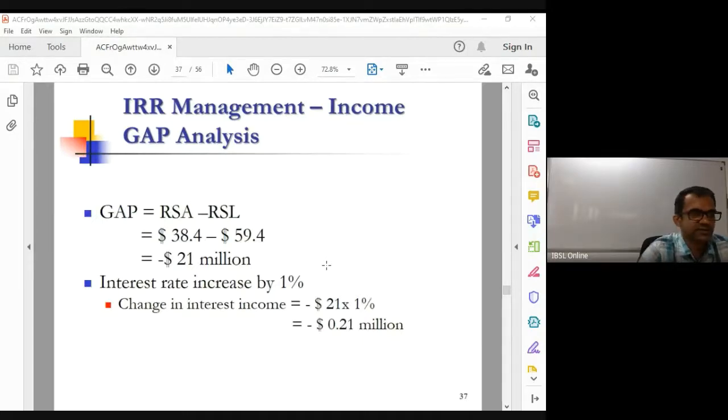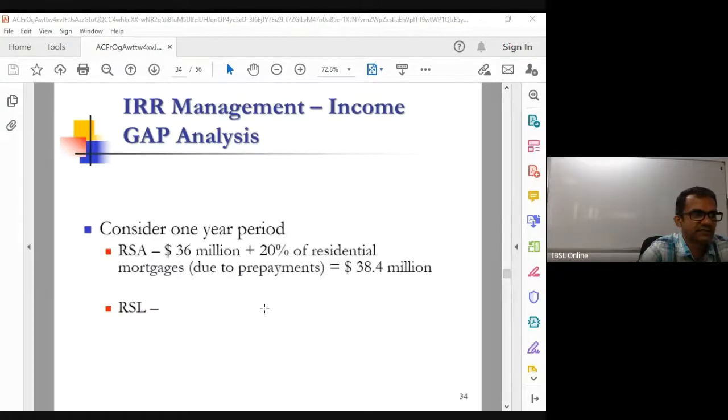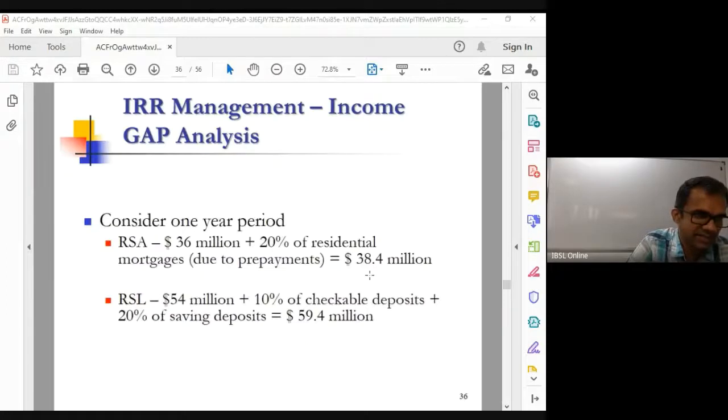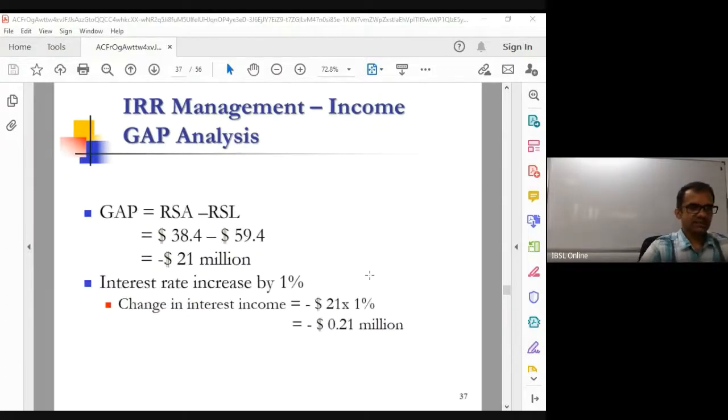You remember we started this by considering a 1 year period. So within a 1 year period, we have more liabilities than assets maturing within 1 year. Therefore, to meet these extra liabilities we have to borrow. How much? We have to borrow 21 million.